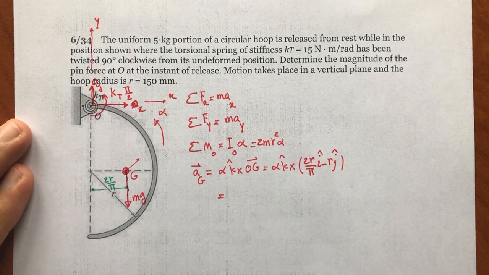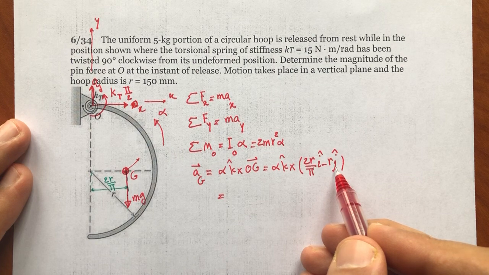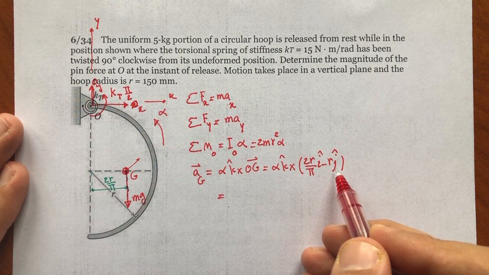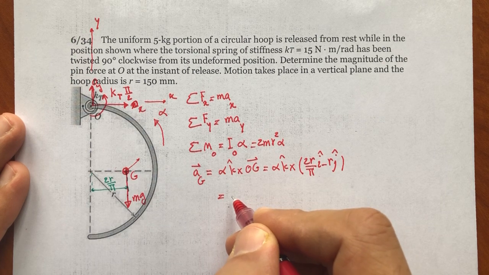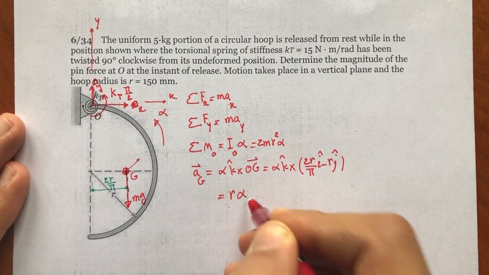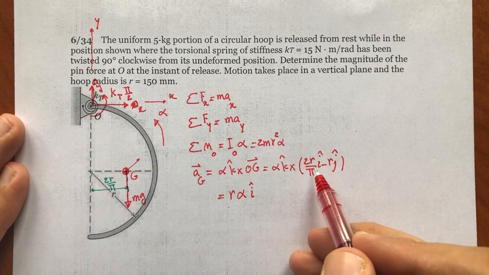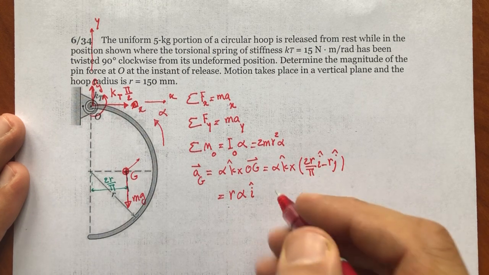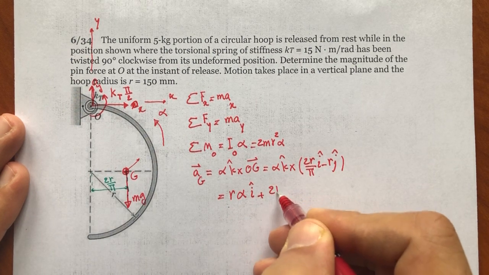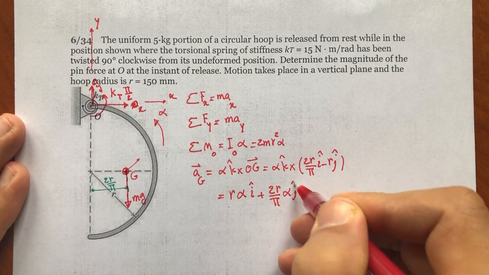And if I do the cross product, k cross j is going to be negative i. We have another negative over there. So I'm going to have R times alpha in the i direction. k cross i is j. So I'm going to have plus 2R divided by pi times alpha j hat.